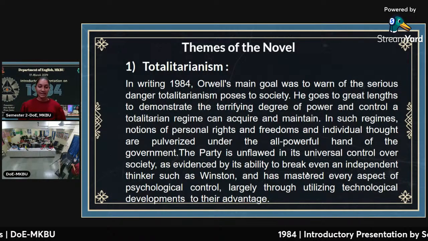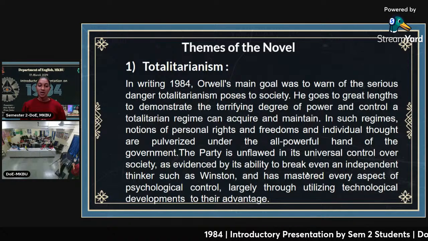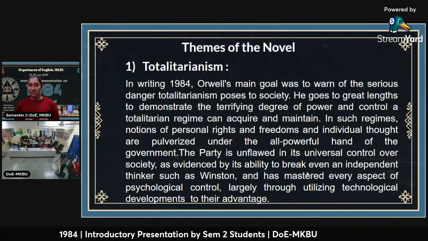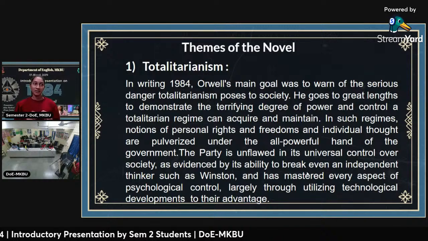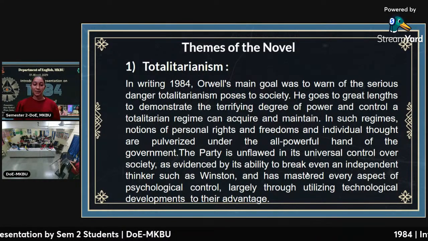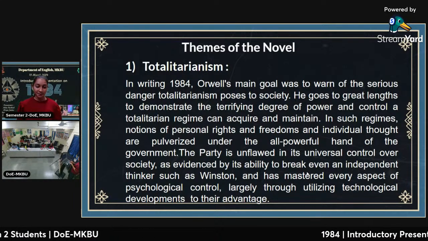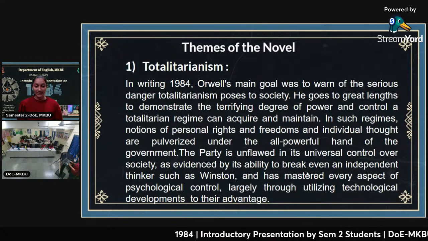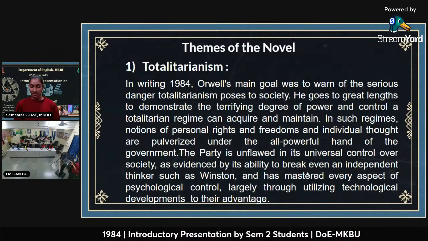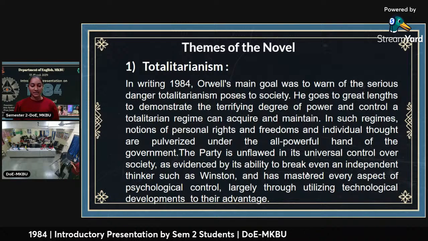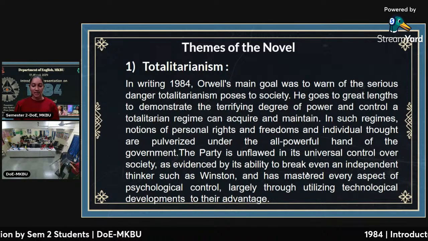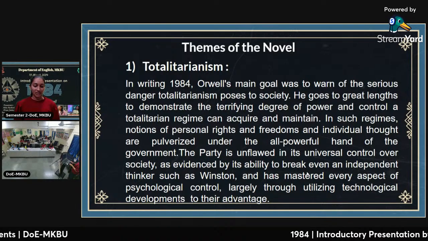As we find in the novel, totalitarianism works under the control of Big Brother, socially, economically and politically, in how they control the people or citizens of Oceania. The party is unclothed in its universal control over society, as evidenced by its ability to break even an independent thinker such as the protagonist, Winston, and has mastered every aspect of psychological control.